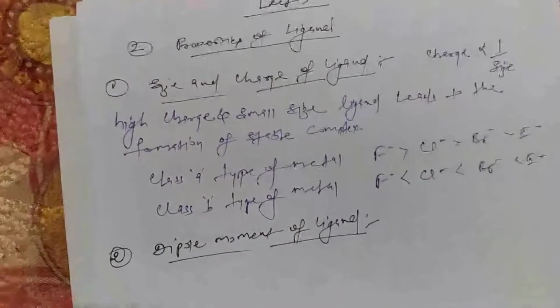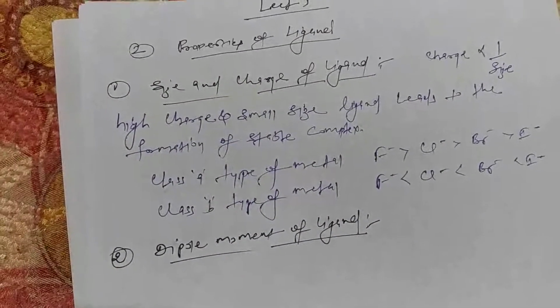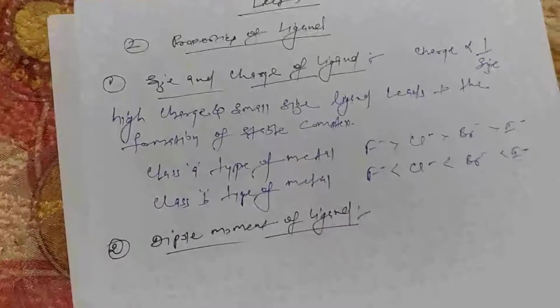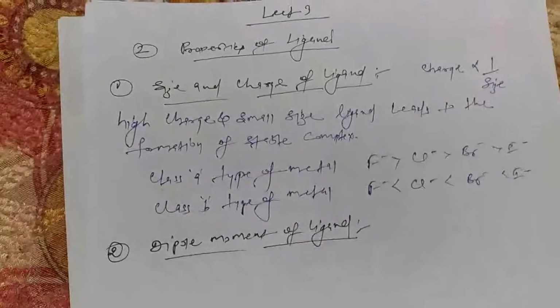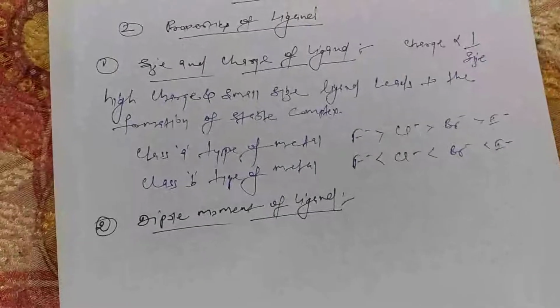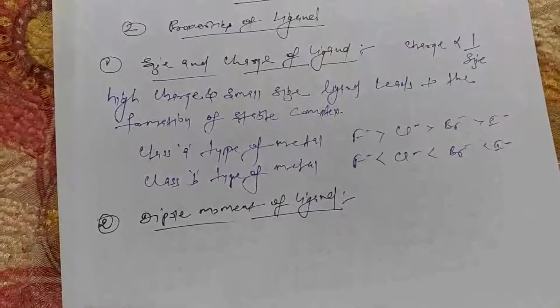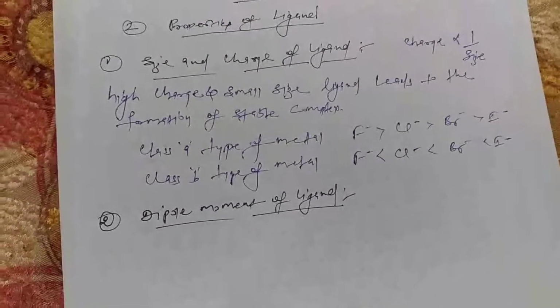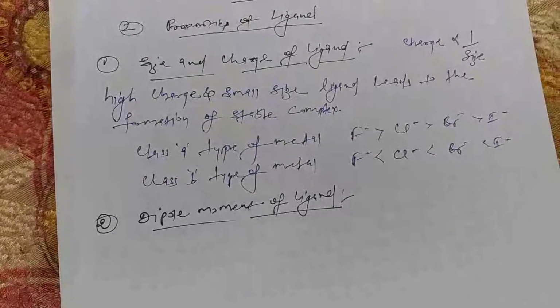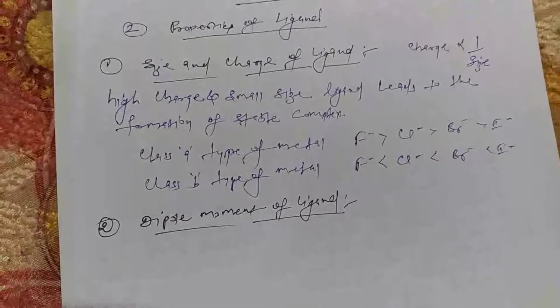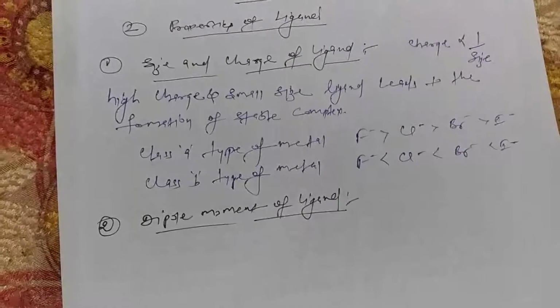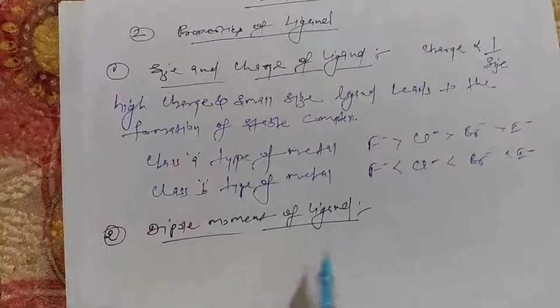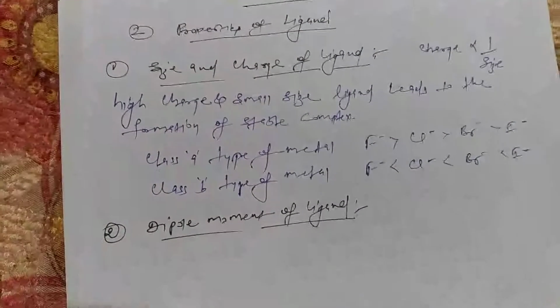We all know that a ligand has positive or negative charge. Because it is donating electrons towards the central metal ion, it has a negative charge. Then a neutral ligand is also there, and in rare cases you will find a positive ligand also. NO plus is a positive ligand. Most of the time they are negative or neutral.